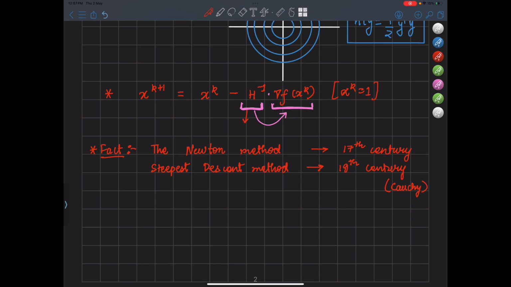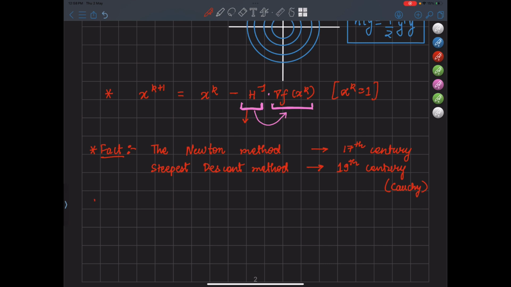So actually, the way we came up with Newton's method, that we started with steepest descent and then came to Newton's method, is not the real motivation behind it, because Newton's method came around 200 years earlier. So it's not the true inspiration or motivation behind Newton's method.